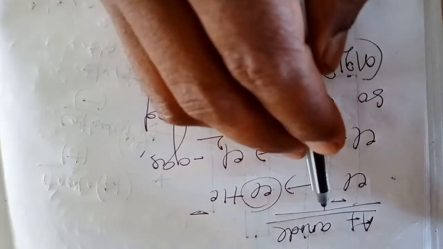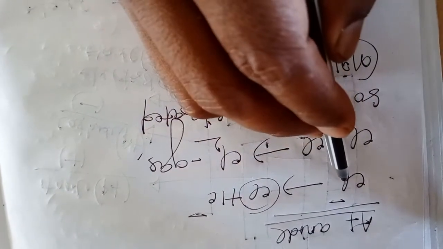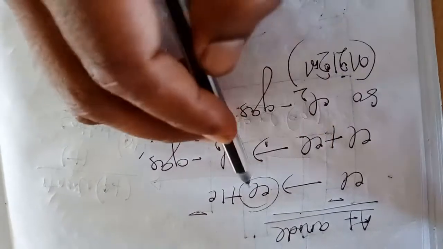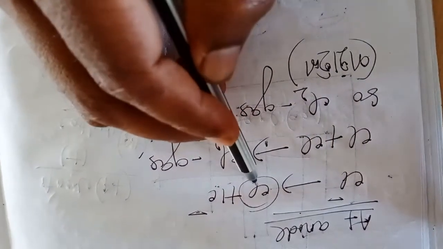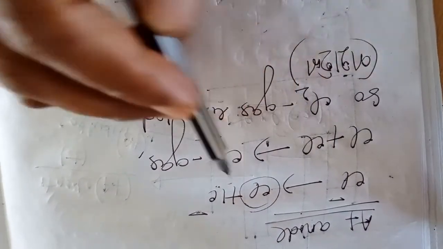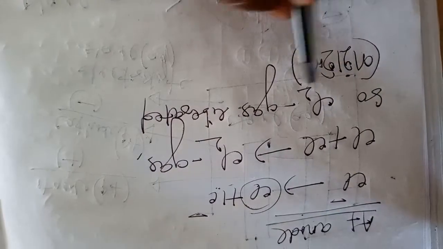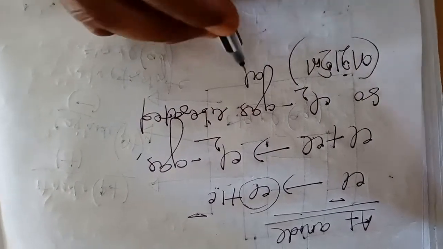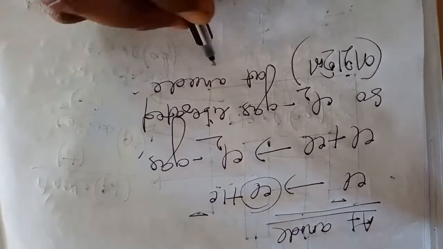That means at anode, Cl minus moves to the anode and loses 1 electron. One Cl mixed with another Cl to form Cl2 gas. So Cl2 gas is liberated at anode.